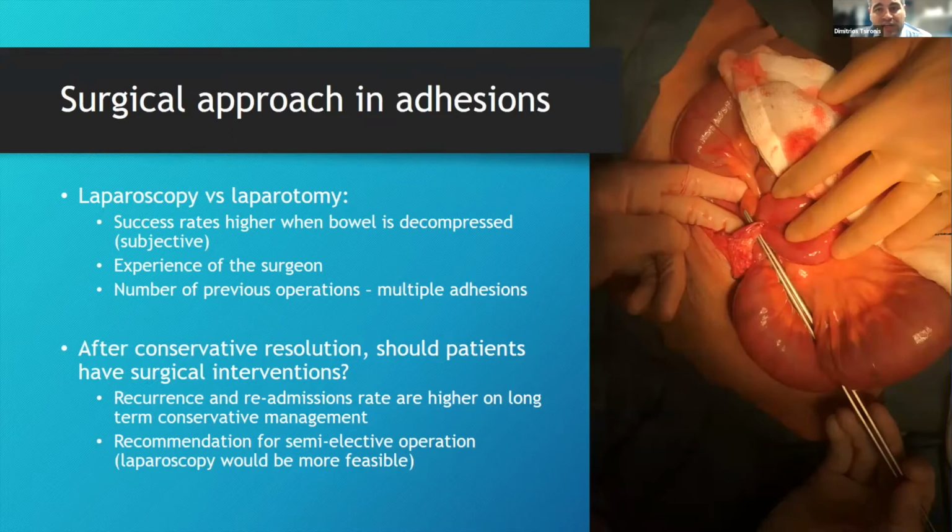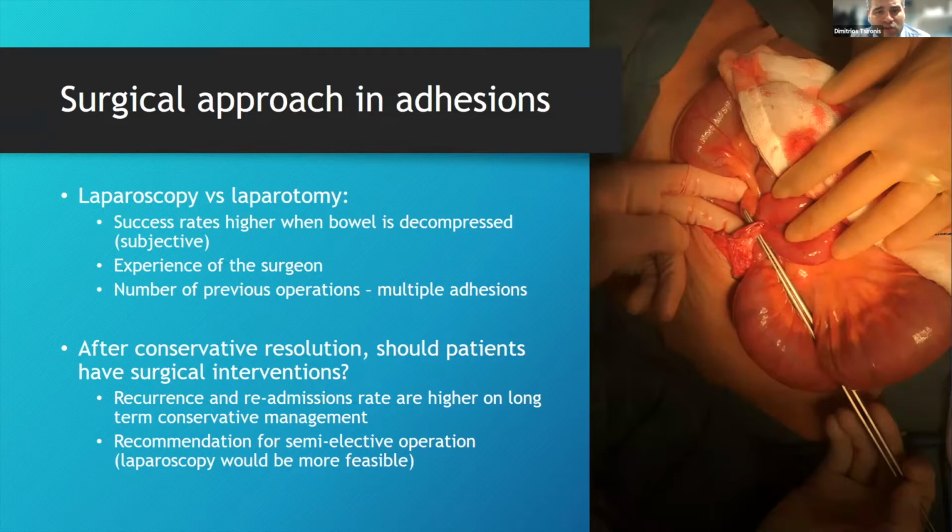What would be the surgical approach? For experienced laparoscopic surgeons and also patients that didn't have many previous operations, the guidance is that fewer than 2 operations will increase the possibility of a successful laparoscopic procedure, and also decompression of the bowel.